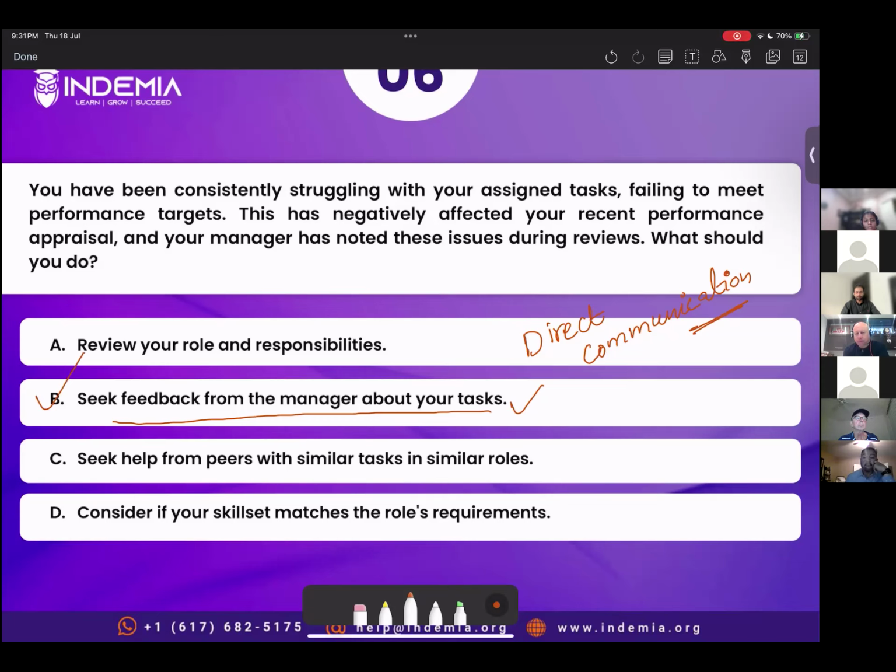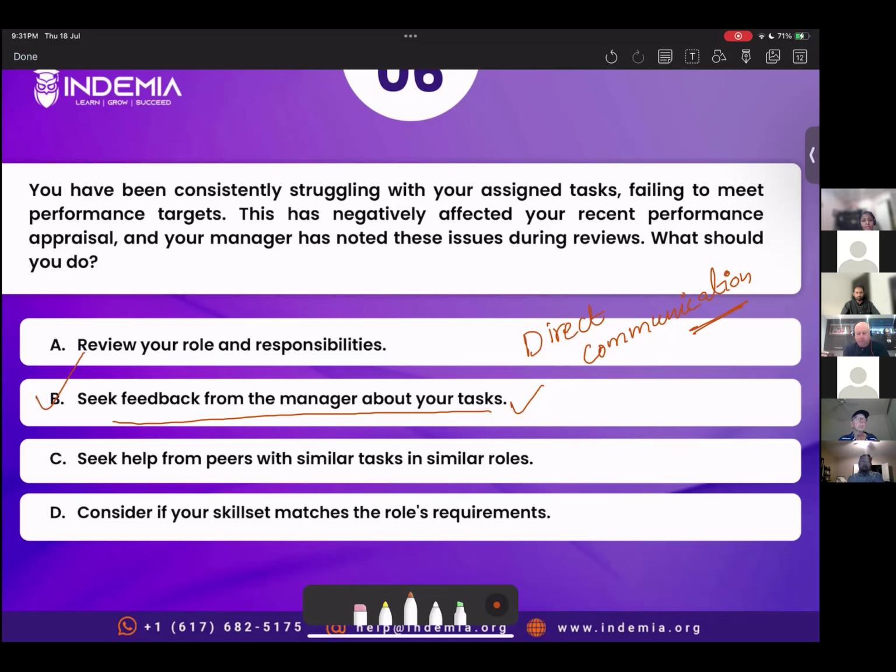Kokila, you want to say something? Yeah, but I felt option D is better because it's clearly saying that you have a recent performance appraisal.